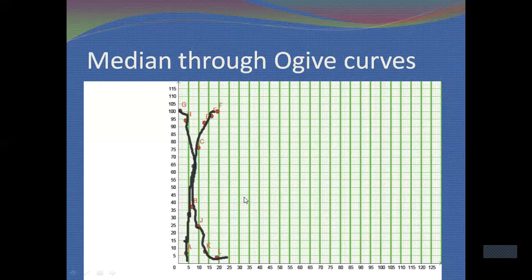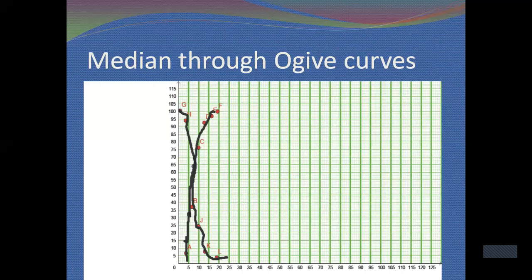In this way, you have to find the median using both ogive curves. When only either the LCF or the GCF is given, as I said already, you must take n by 2 and mark that value on the y-axis. From there, draw a line parallel to the x-axis to the curve, and from there a perpendicular line to the x-axis. Where it touches the x-axis, that is the median, when only a single curve, less than type or more than type, is there.